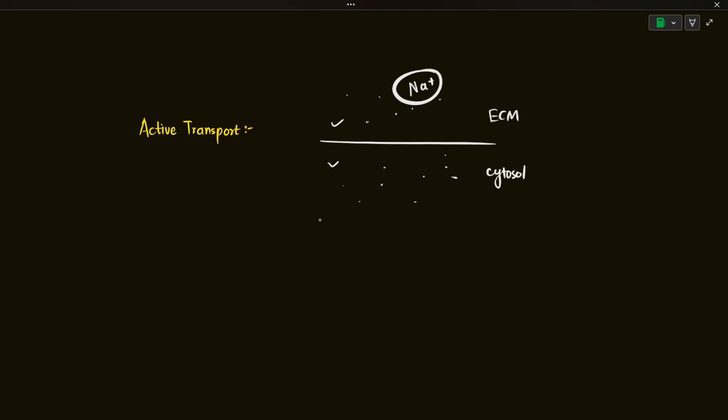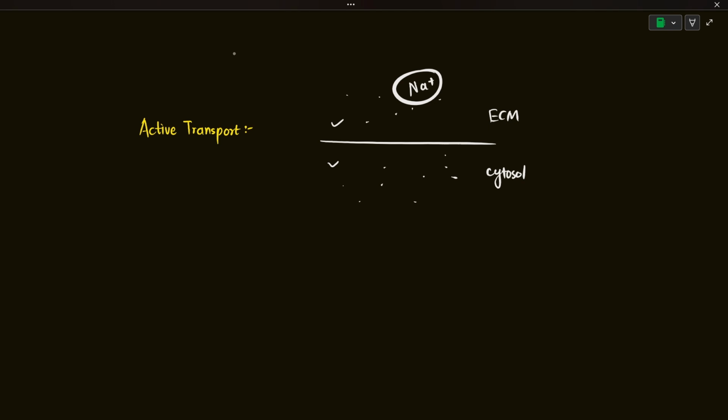Whenever you burn anything, you don't need any energy, but whenever you have to reverse the reaction, you want energy. That is why for maintaining this concentration gradient across the plasma membrane, energy is required, and that energy is provided either in the form of ATP or already set ion gradients.